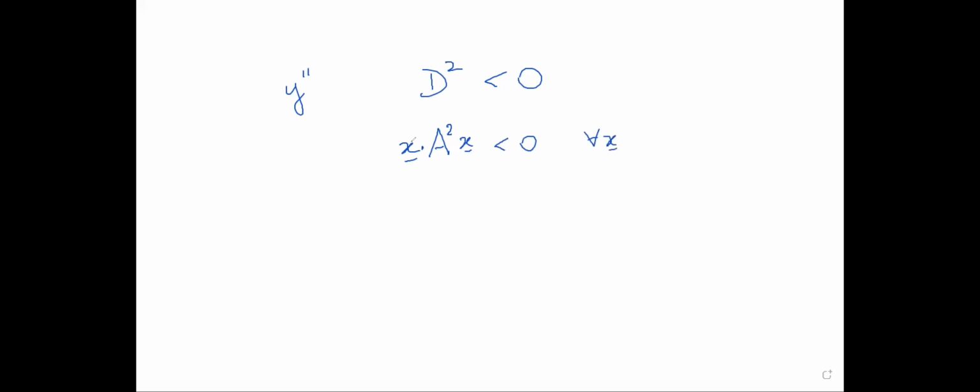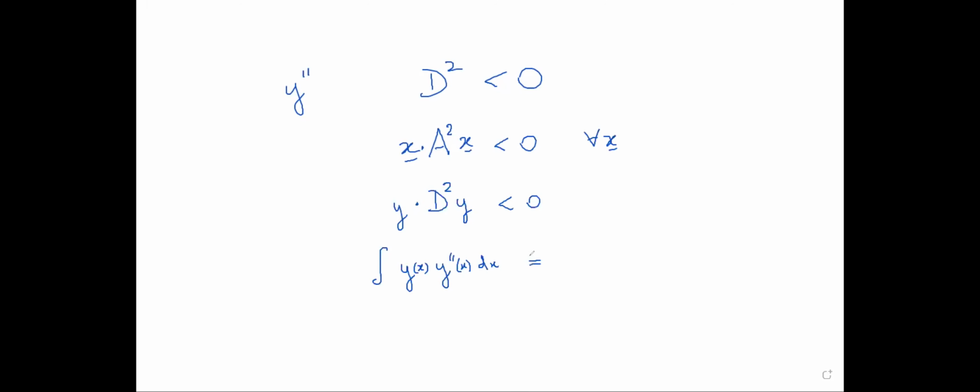This is what we mean by a matrix being negative. Now, when you generalize this to the continuous case, what we mean is you take two derivatives of a function and take the dot product with that function, and you get something negative. Now, what is this dot product? It is the integral of y times y double prime, let's say between some limits.